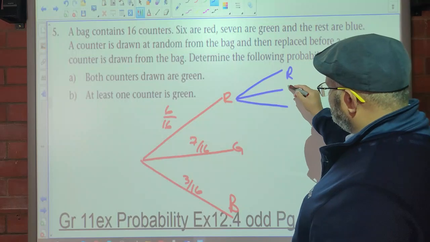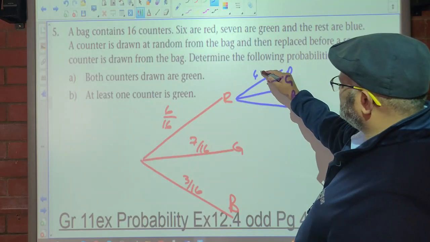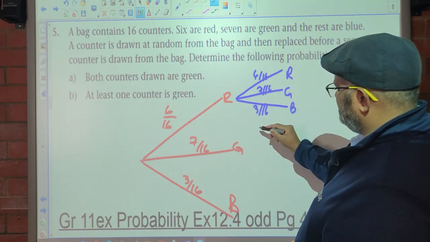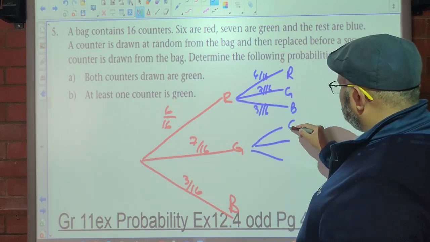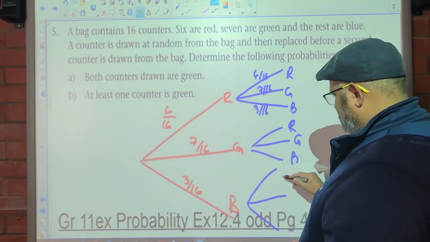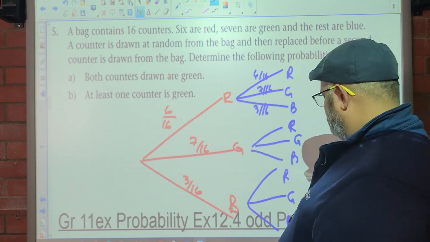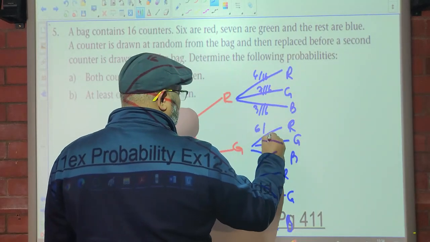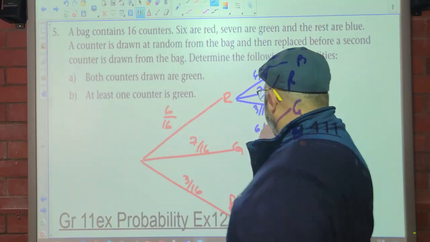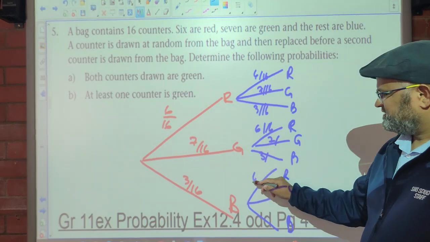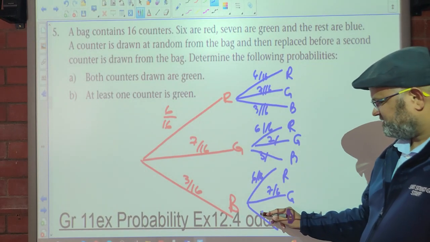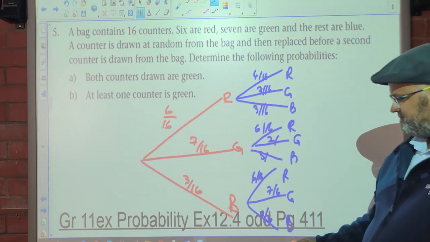So it can be red, green, and blue again. So 6 out of 16, 7 out of 16, 3 out of 16. You understand? Red, green, blue. Again 6 out of 16, 7 out of 16, and 3 out of 16. Okay, it's very cramped here, but you all know it's over 16. 6 over 16, 7 over 16, and 3 over 16.